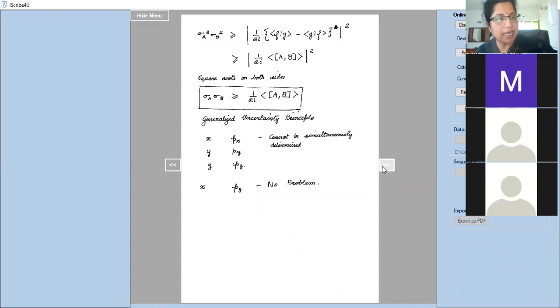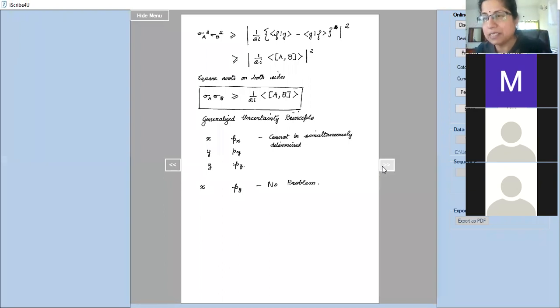So let us try and now get the momentum position uncertainty relation, the way you know it. How do you know it? Delta x, delta px, okay, is greater than or equal to some h cross by 2. That's what you write, right?